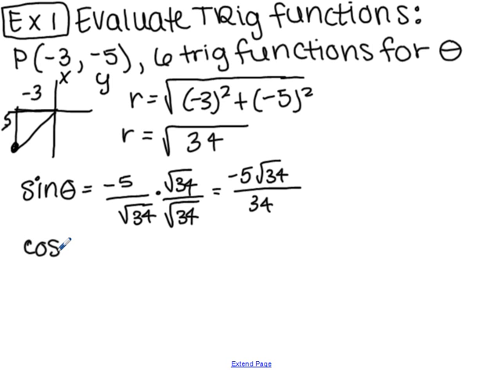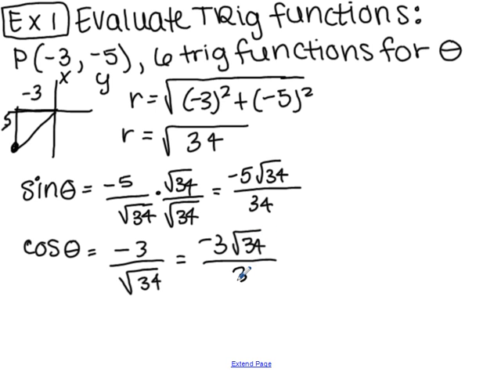Cosine, x over r. Essentially, we do the same thing, multiply the top and bottom by square root 34, and we should get -3 square root 34 over 34. Tangent, y divided by x, which is 5/3.